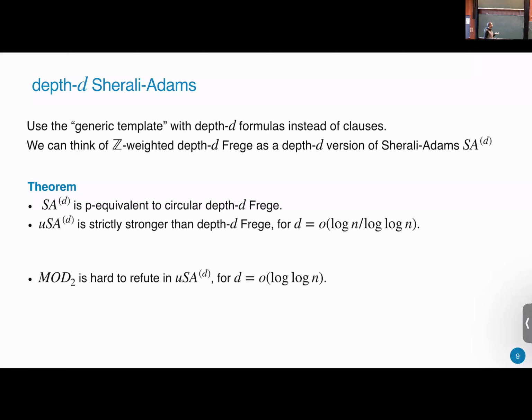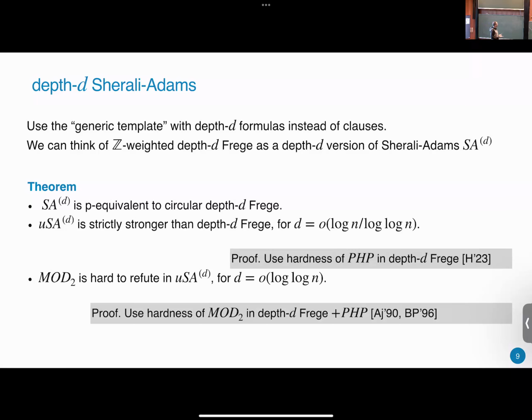So that means it's related to Tseitin or the pigeonhole principle, because for that depth there are not many lower bounds. That's the pigeonhole principle. Basically because unary Sherali-Adams is able to prove the pigeonhole principle, but that's harder for depth Frege up to that depth.